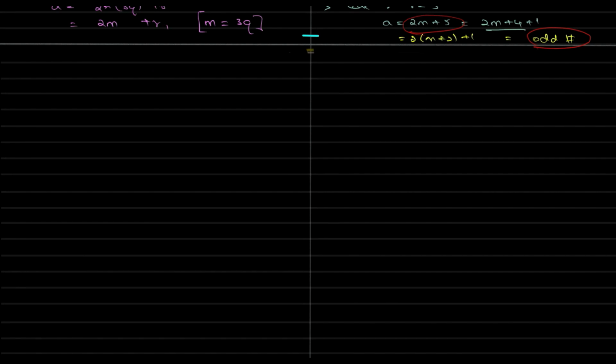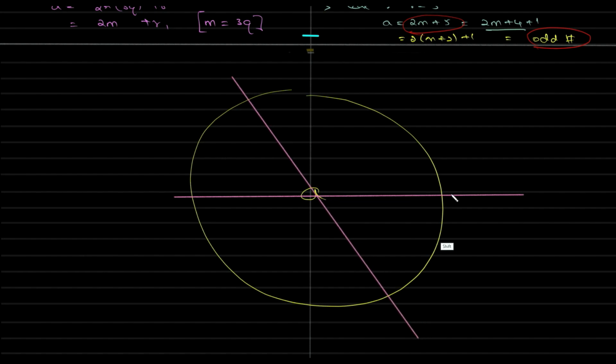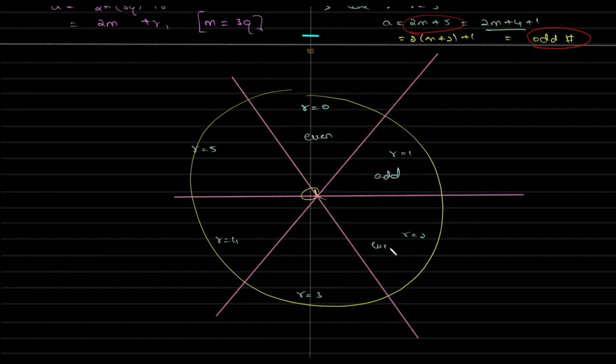So to summarize, if you have a bunch of numbers, or all of these are all the possible integer numbers, so if I classify them into different groups, right, wherein on dividing with 6, the remainder will be 0, 1, 2, 3, 4, 5, right, and this will be even, this will be odd, this is even, and this will be odd, this is even, and this is odd.